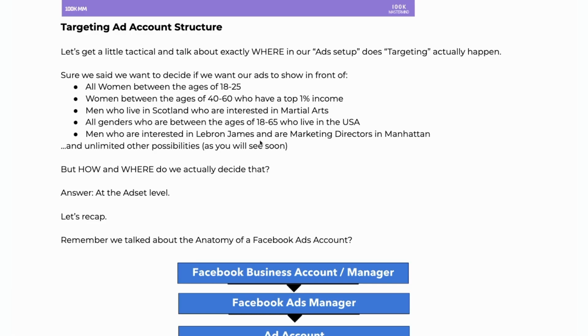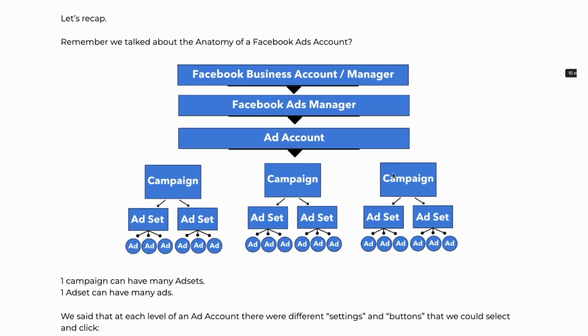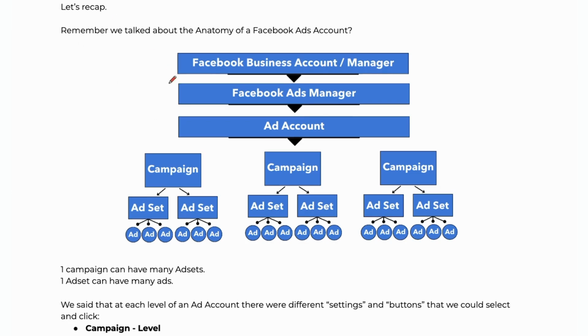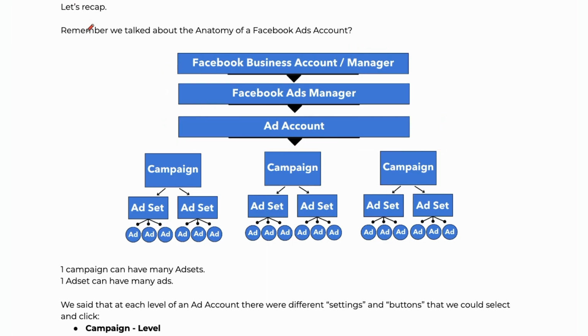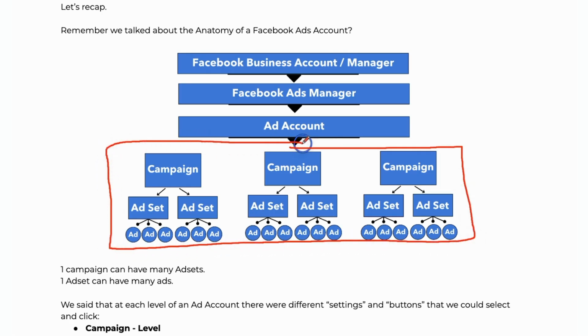Okay, so let's recap. Remember in the past, we talked about the anatomy of a Facebook ad account, right? And all of this stuff over here, these were the assets that we had set up, but the actual day-to-day operations of running ads happens here on the campaign, ad set, and ad level. We talked about this in the past, but this is just a quick recap. We have campaigns, and then within campaigns you have ad sets, and then within ad sets you have ads.